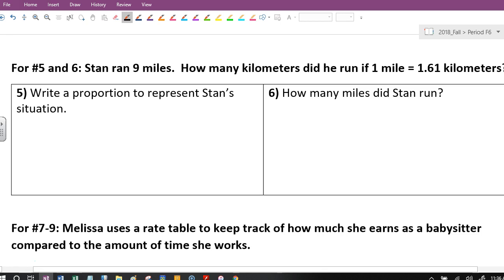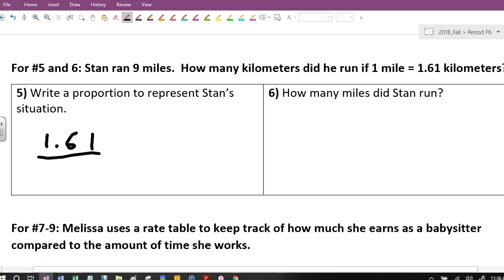So how do we do that? 1.61 divided by 9. Okay, so 1.61, you put it over. It doesn't matter which you put on top and which you put on bottom, okay? As long as you keep it the same.